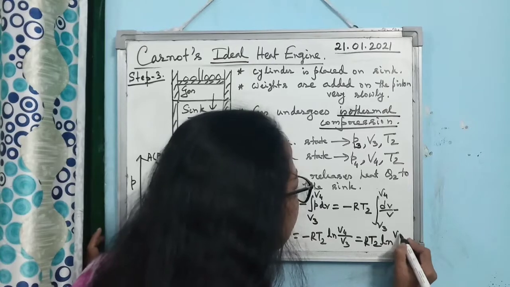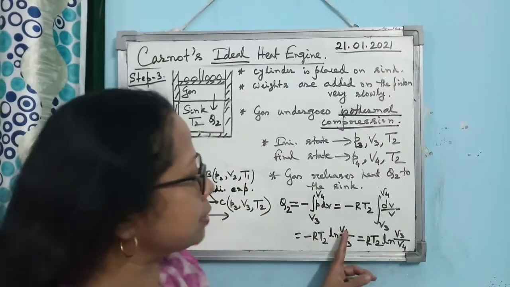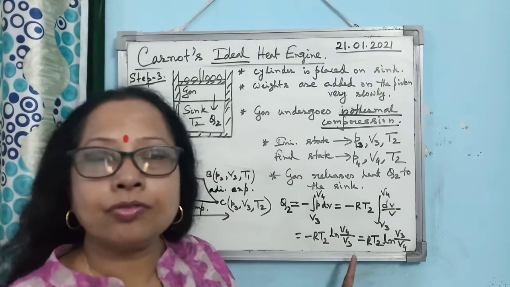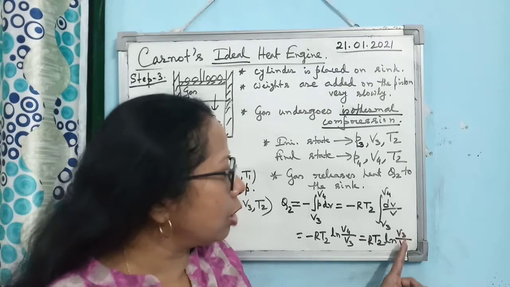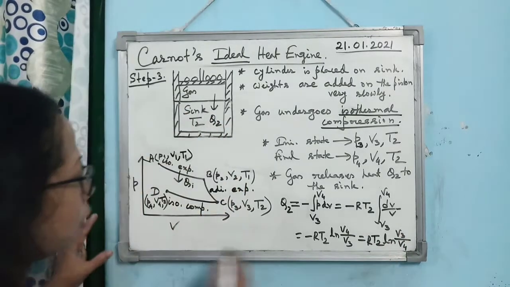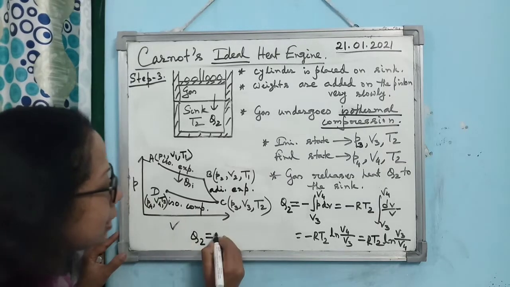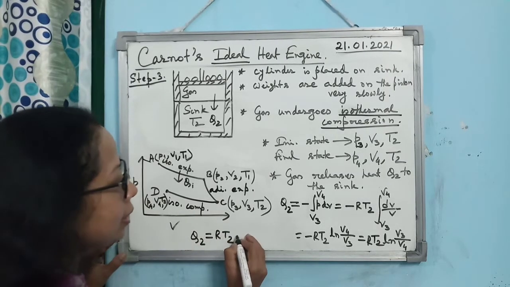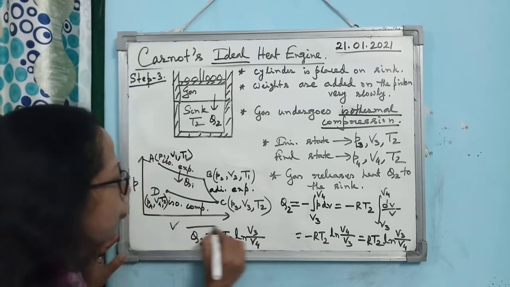RT2 log V3 by V4. Because if you observe the negative sign within the bracket, it will become log V3 minus log V4, and log V3 minus log V4 is log V3 by V4. So what is the relation? You are supposed to remember that Q2 is given by RT2 log V3 by V4.